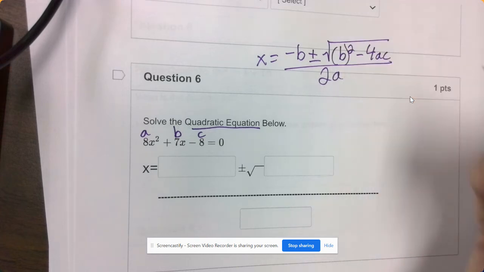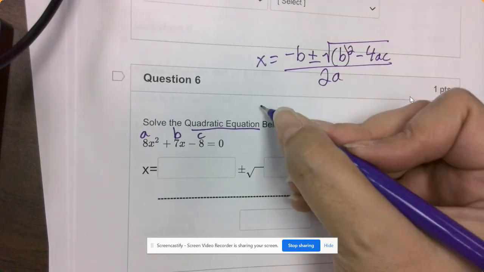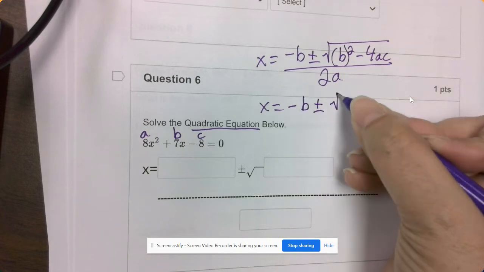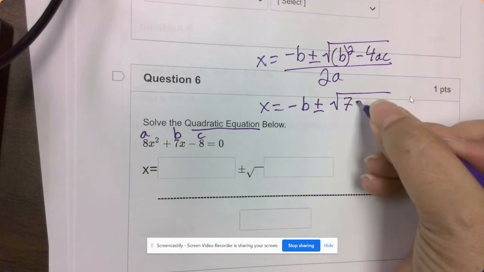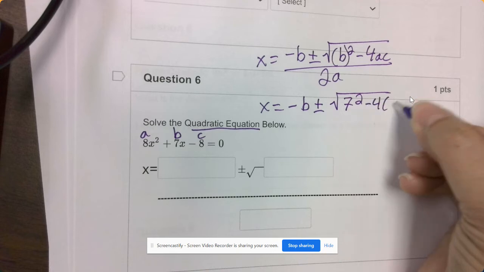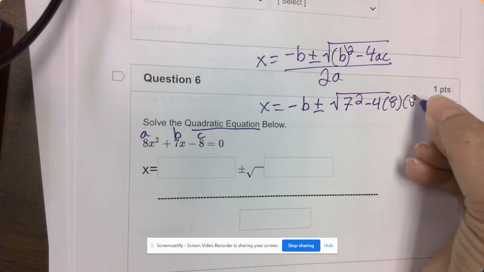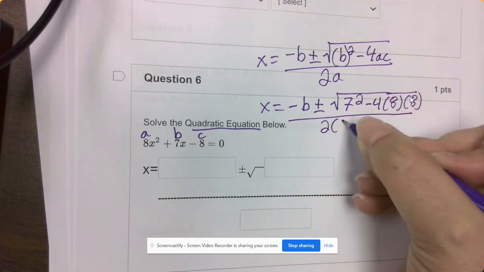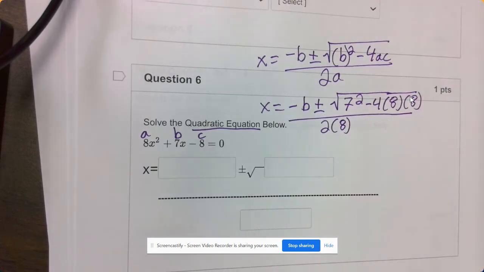Okay, so we're going to substitute them in. So negative b plus or minus square root of 7 squared minus 4 times 8, c is 8, and then 2 times 8. Boy, we're getting some big numbers here. Okay, so remember we're going to do the discriminant part first, everybody.